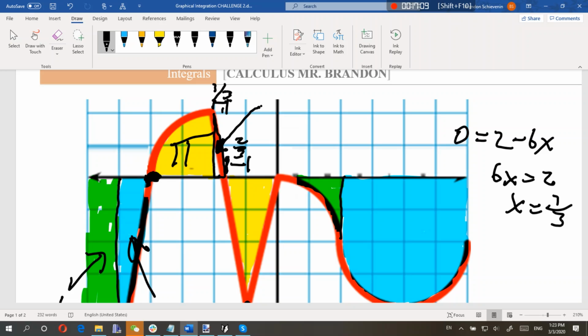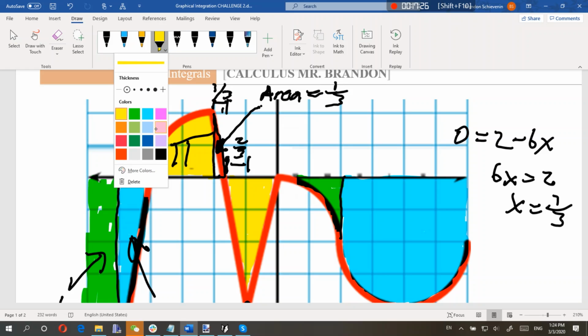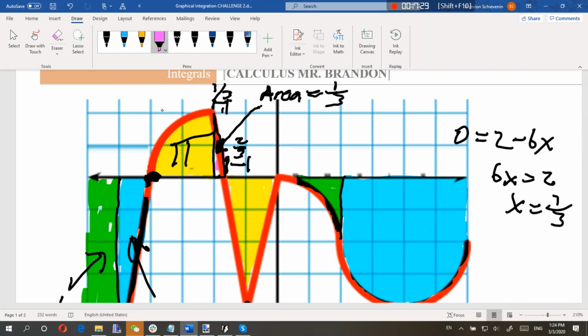What's my height? 2. Okay, so this is 2 times 1/3 times 1/2, or area is equal to 1/3 for this really small triangle. I'm going to shade that in while I'm here, so we'll make this pink maybe. The area of that pink one is 1/3.